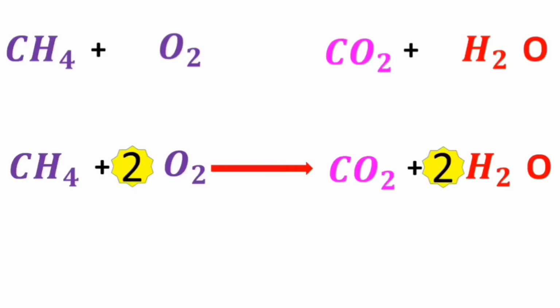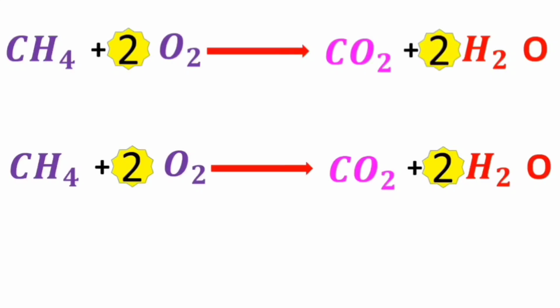So, in a chemical equation, the number of atoms of the reactants and that of the products must be equal. The number of hydrogen and oxygen atoms in the reactants and the products are not equal in the given equation. On balancing the number of atoms, the following equation can be obtained: CH4 plus 2O2 gives CO2 plus 2H2O.